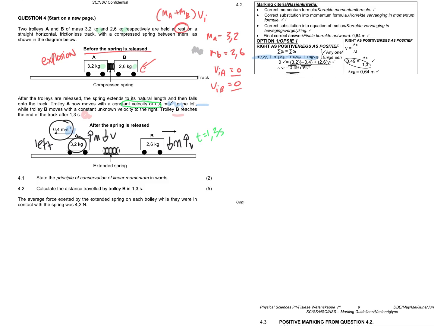And then I take that 0.49 and I just simply sub it into a distance, speed, time calculation. So you could have done this instead. Speed equals distance over time. The speed is 0.49, it's the answer from there. And the time is 1.3 seconds. And so you get 0.64 meters.